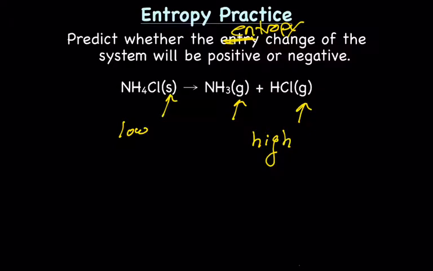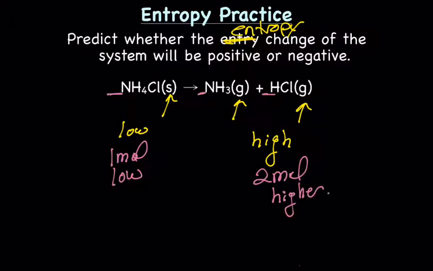What else do we see here? We can look at the number of particles. We have 1 mole on the reactant side and 2 moles on the product side, which would mean we have lower entropy on the reactant side and a higher entropy on the product side. We're looking at the number of moles.